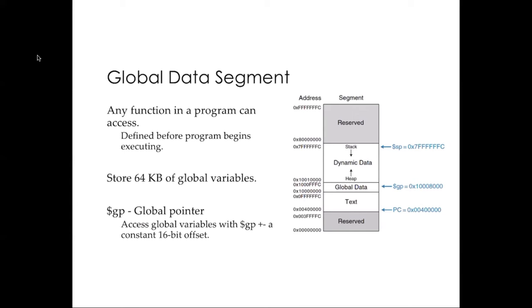So anytime we want to access something in global data, we can do a load word, put it wherever we want it to go, and then with some 16-bit offset of the global pointer, we can reach anywhere we want to go. So that's why we have that global pointer. It allows us to access everything in global data with just one command, because all of those 16-bit immediates can be represented by that.